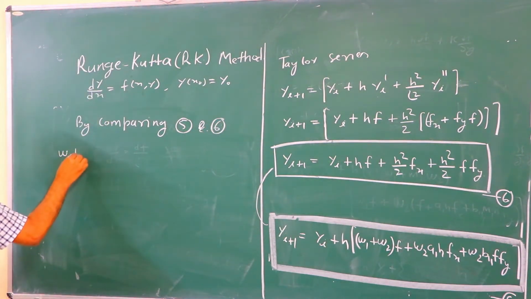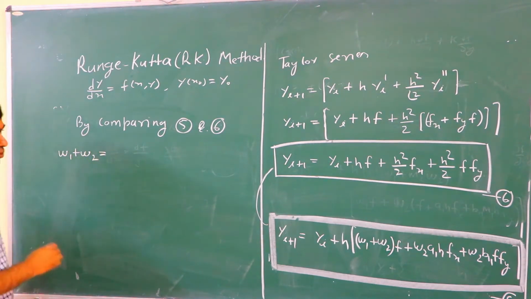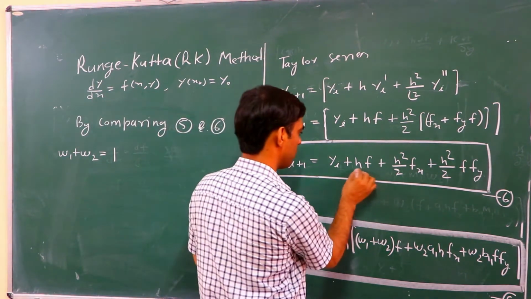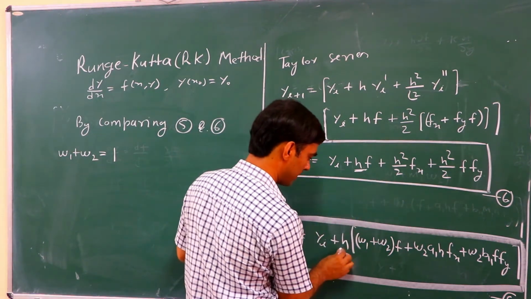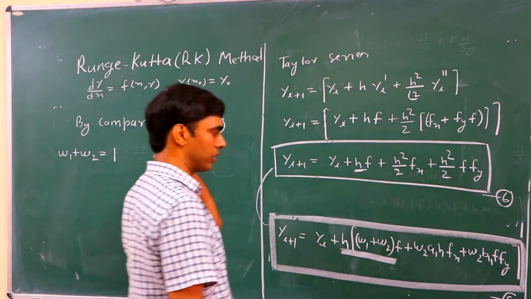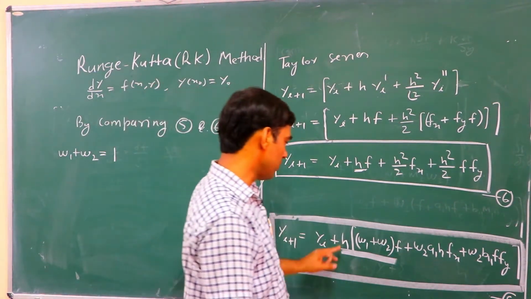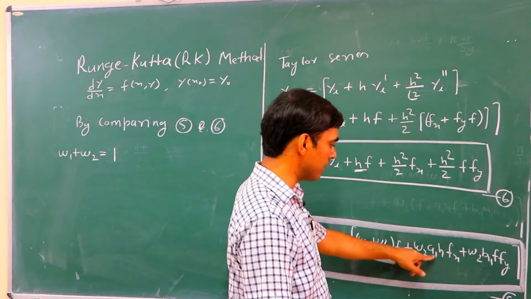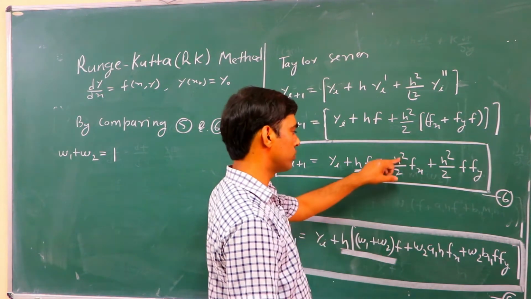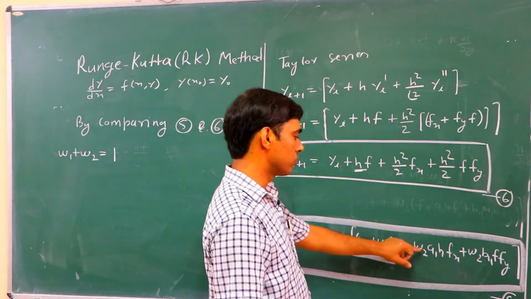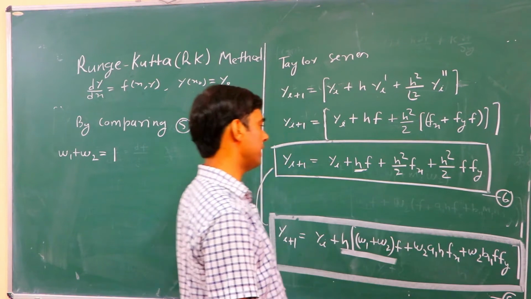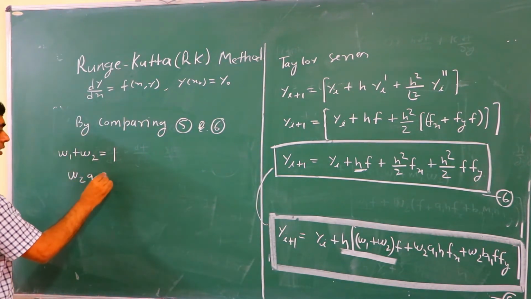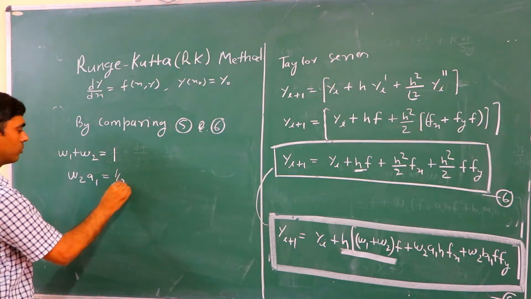W1 plus W2 becomes 1. Then the coefficient of this one: h, W1, W2, the h cancels out. Now if we multiply by h, this becomes W2 A1 h square fx. So this is h square by 2 fx. So W2 A1 equals 1 by 2.